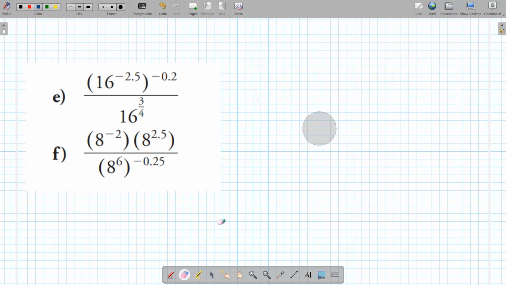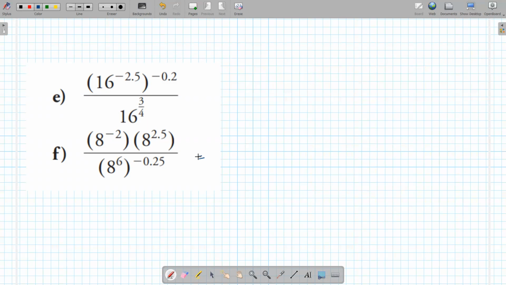What about F? What do we do here? They have the same bases, right?